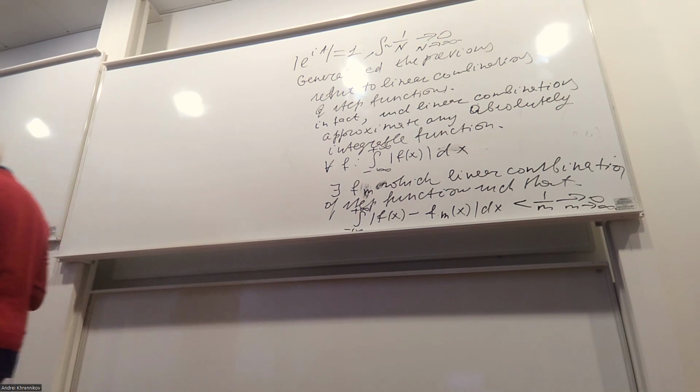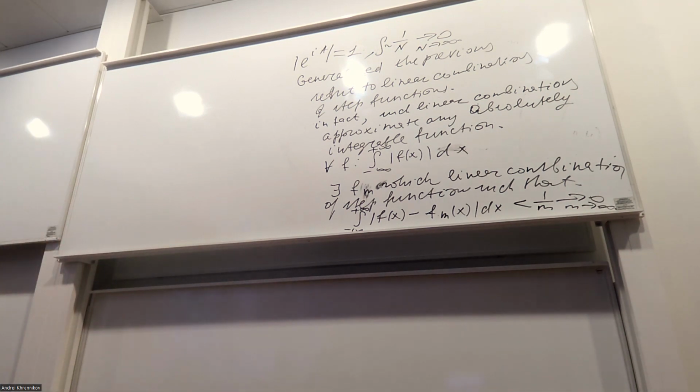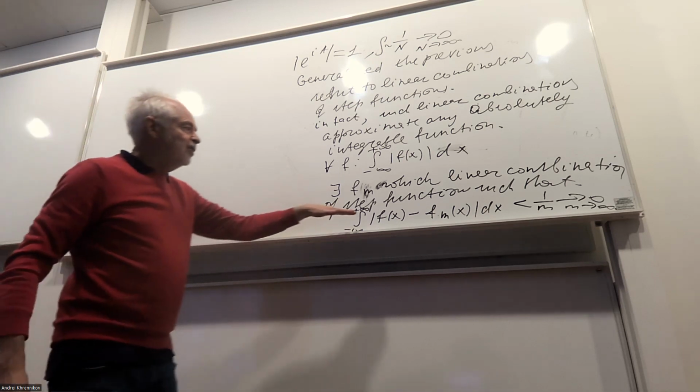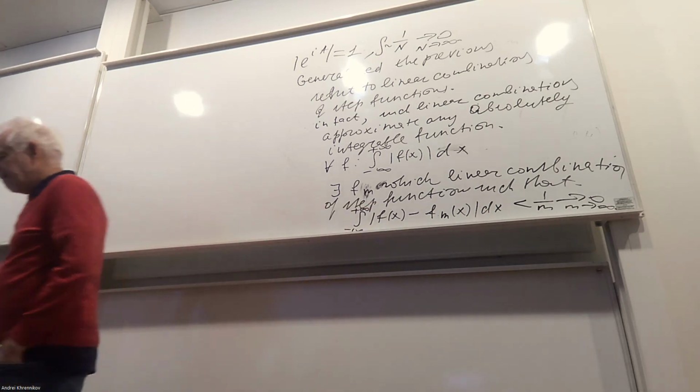So any absolutely integrable function can be approximated by a linear combination of step functions in the sense of the integral norm.